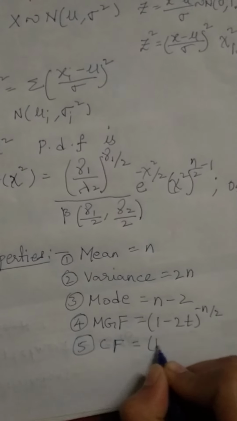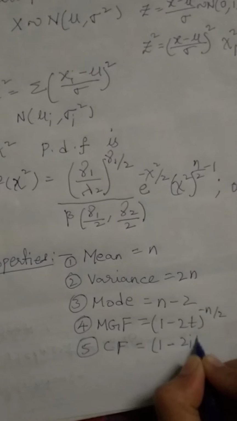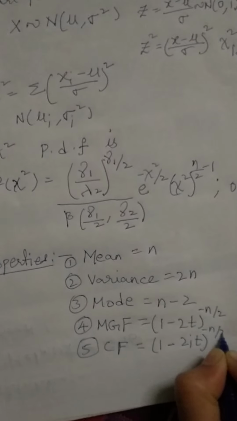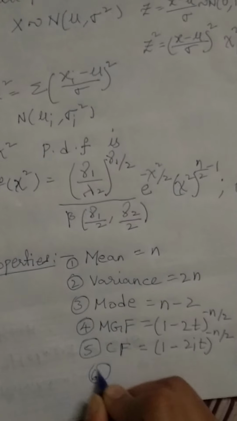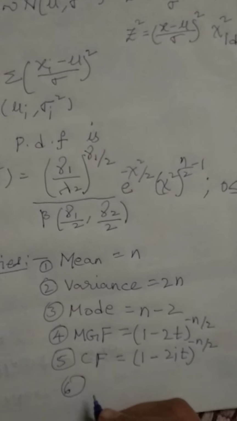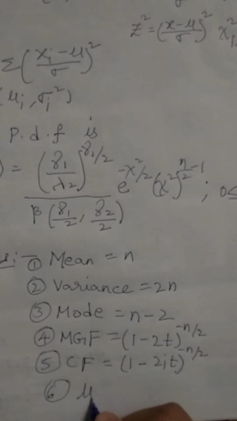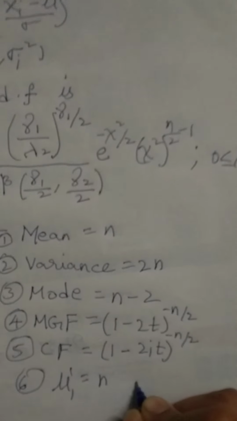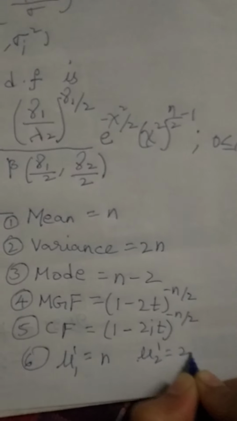It is 1 minus 2it, only i is the difference, power minus n by 2. And the sixth one is central moments. If it is mu1 dash, it is n. If it is mu2 dash, it is 2n.